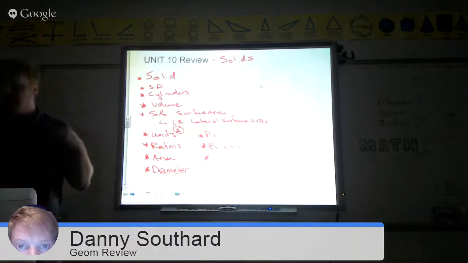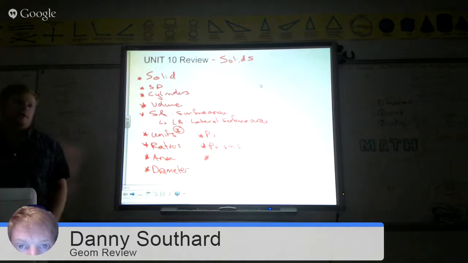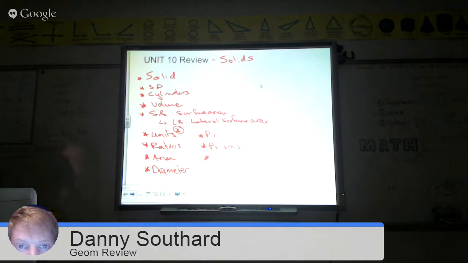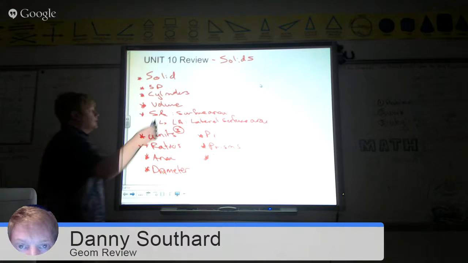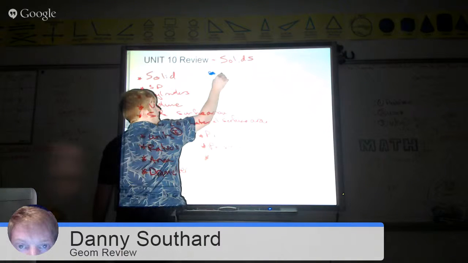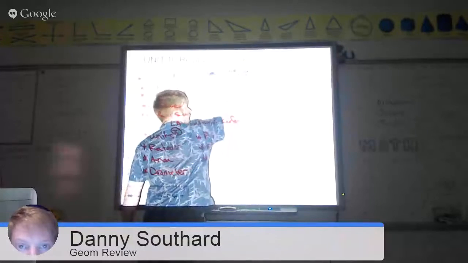Hey, here's a list of all the things that period 6 came up with when I talked about solids. Is there anything else that's not up there that you can remember from that unit about solids? Cube root, radius. A cube, yeah.